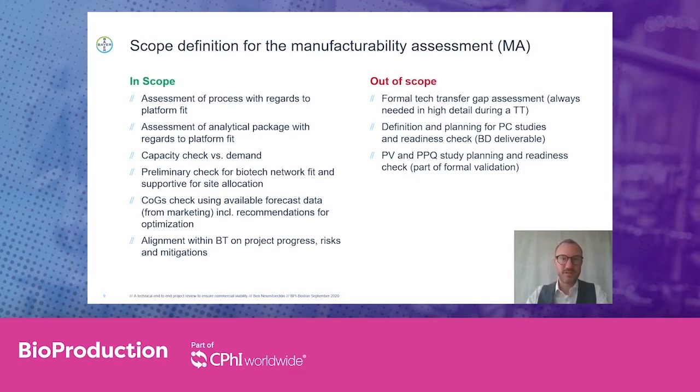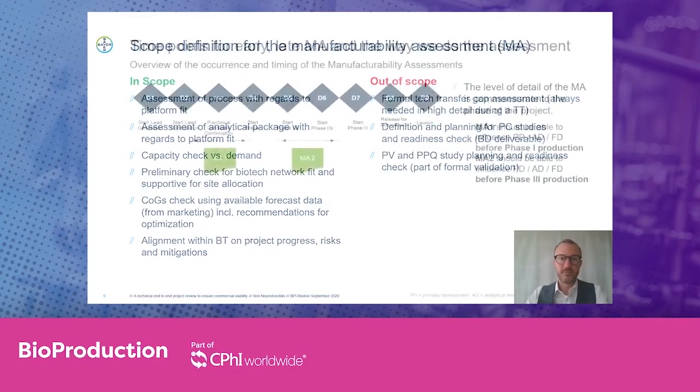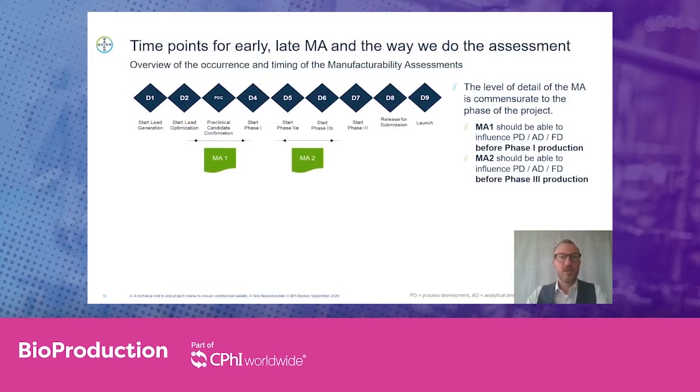So at Bayer, we have a gate-based approach for the overall product development cycle based on clinics, starting from molecule finding or lead generation over preclinical candidate confirmation, start of phase 1, 2, and 3, up to the release for submission and product launch.